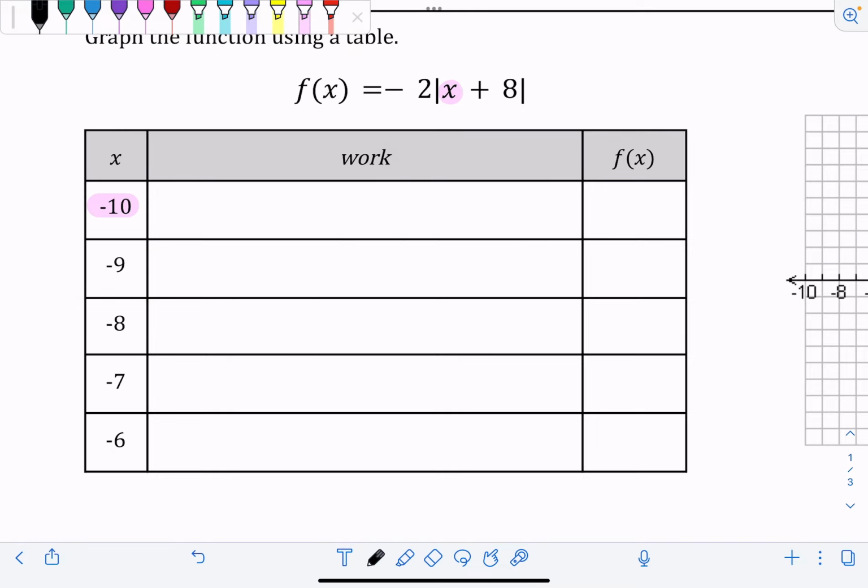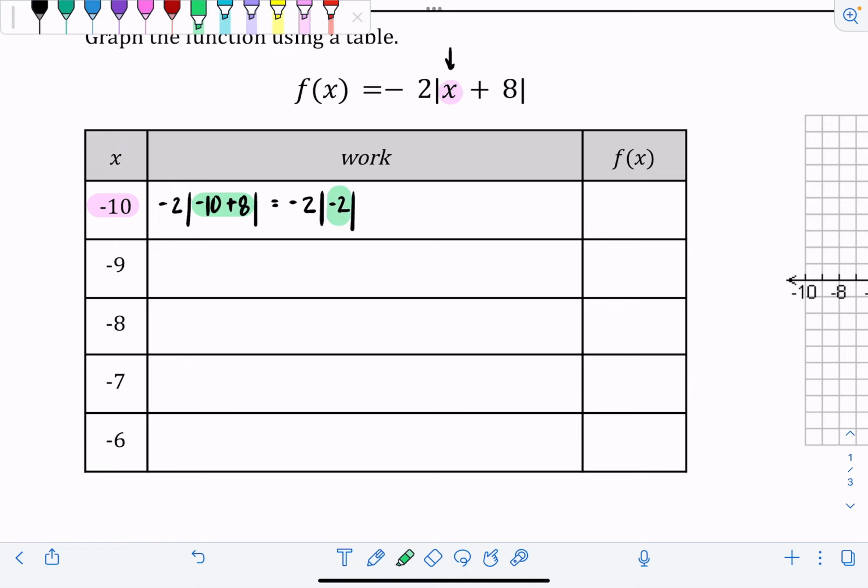I'm going to take that -10 and put it in the function right here. So it'll be -2 times the absolute value of -10 plus 8, and then we close the absolute value bars. Absolute value bars are like parentheses, where we would simplify the inside first. So I would add these two numbers together first. Then it becomes -2 times the absolute value of -2, since -10 plus 8 is -2.